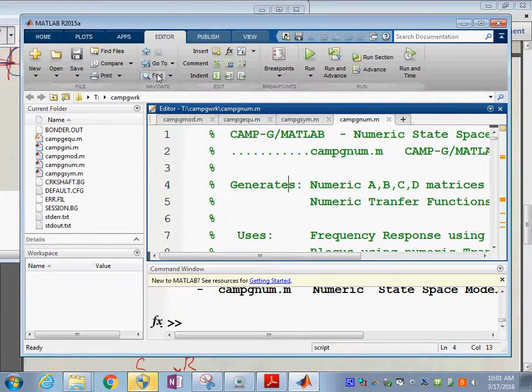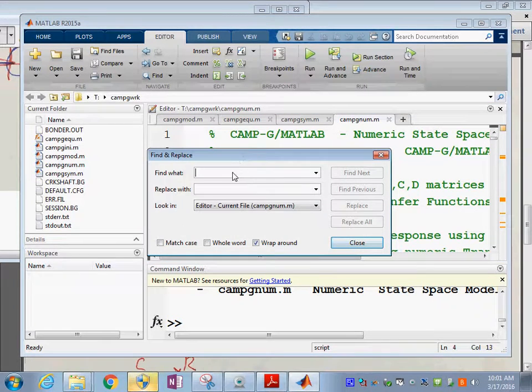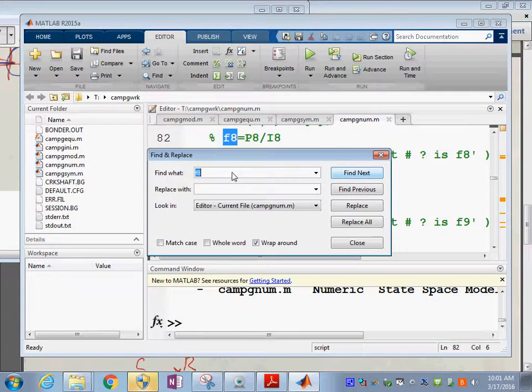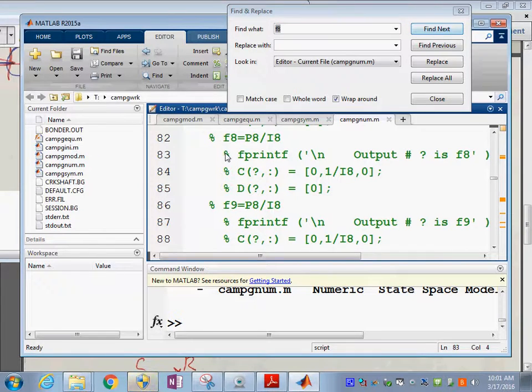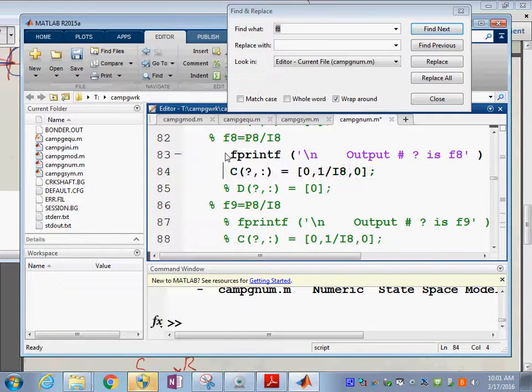Basically the matrices, that's what we will get. So when you run it in here, sorry, what did I do? I was on the wrong file. CAMG SYM file is the one that we need.